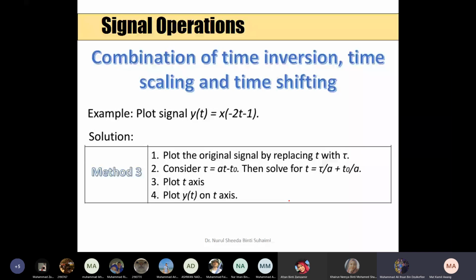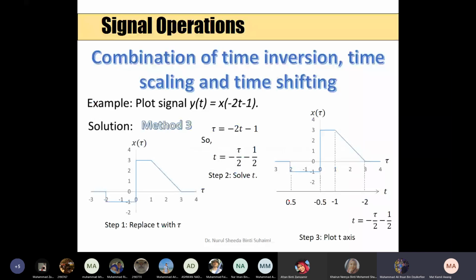This is method 3, same signal. The first step is to solve for tau. You take tau equal to minus 2t minus 1, so t is equal to minus tau over 2 minus 1 over 2.